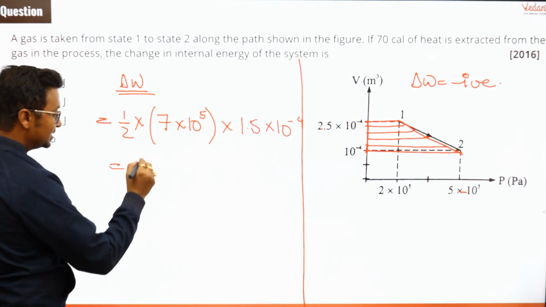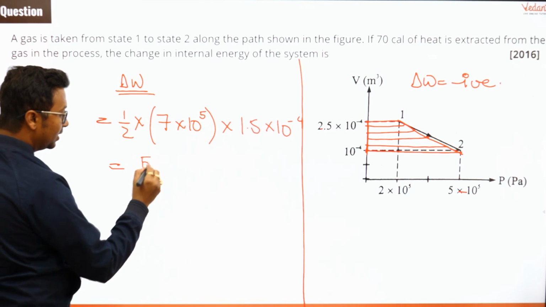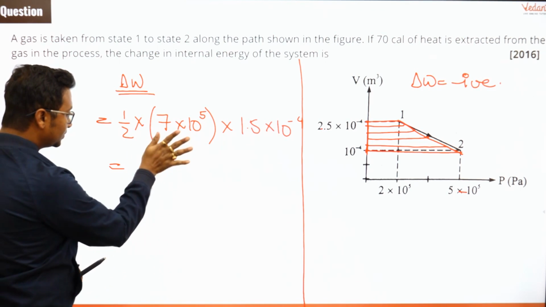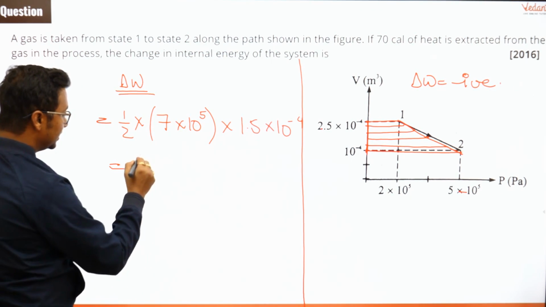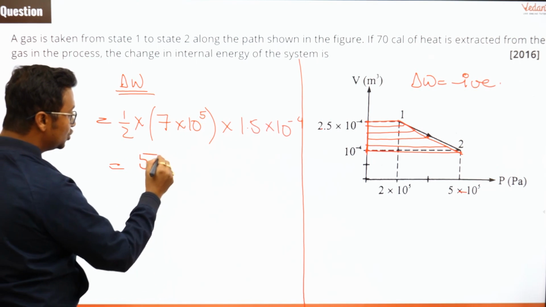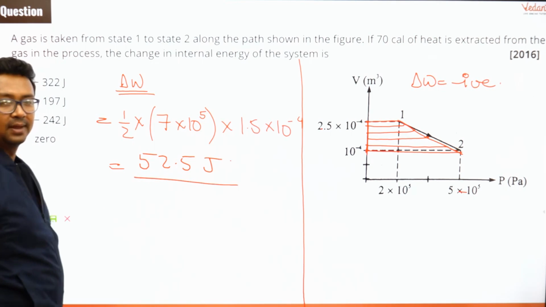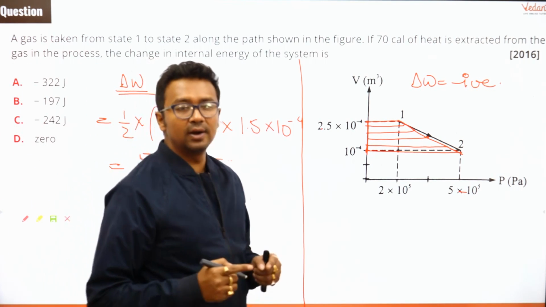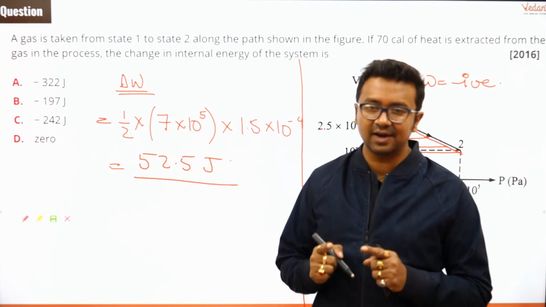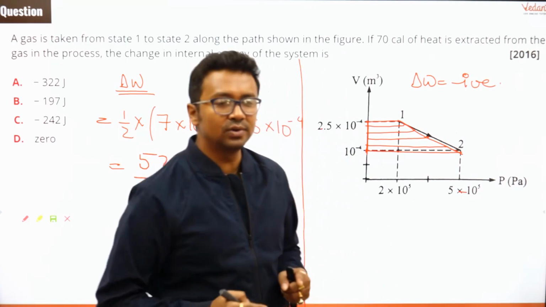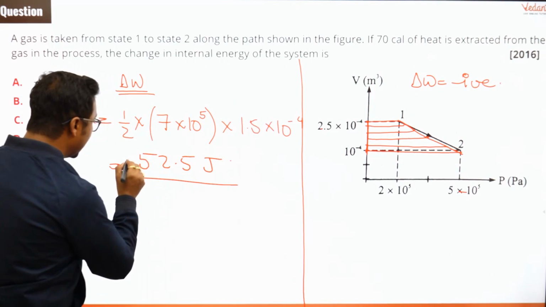So my dear students, this becomes 52.5 joules. Clear? And is this work done positive or negative? We have discussed that already. It's a compression, so the work done is going to be negative.